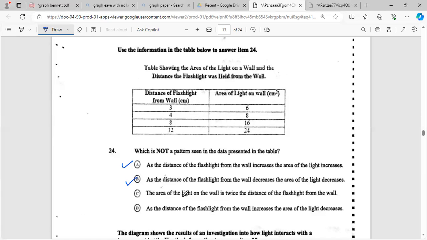The area of the light on the wall is twice the distance from the wall. So all we have to do is check the numbers. Is 6 twice that of 4? That checks out, so it has to be true. As the distance of the flashlight from the wall increases, the area of the light decreases. So our answer would be B, it is not correct. The others are. Alright, let's move on to 25.